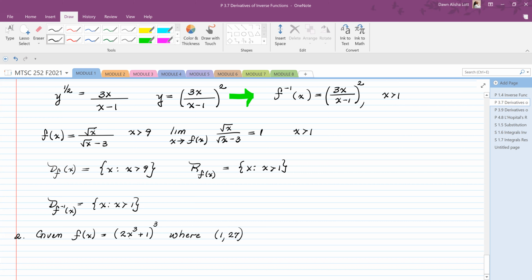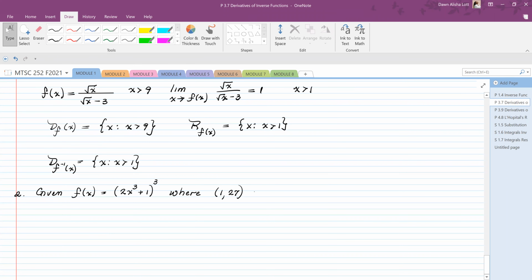Okay, so if I put in a 1, I get 3 cubed, which is 27. So (1, 27) is on the curve of f of x. Find the derivative with respect to x of the inverse function at 27.